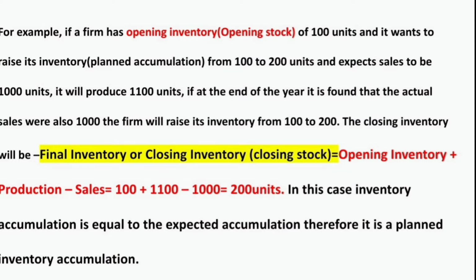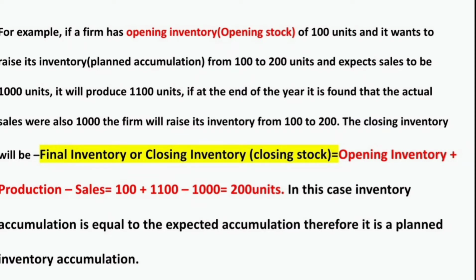How can we calculate it? The closing stock of the firm in that year, final stock or final inventory, is equal to the opening stock of that year, that is 100 units, plus production.